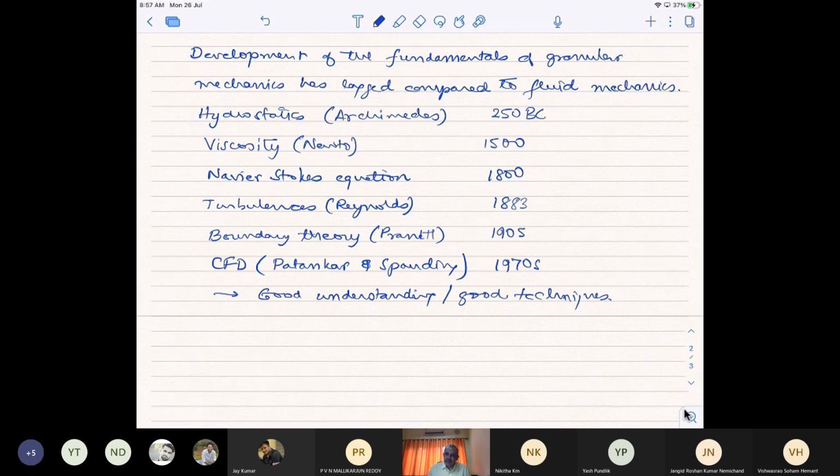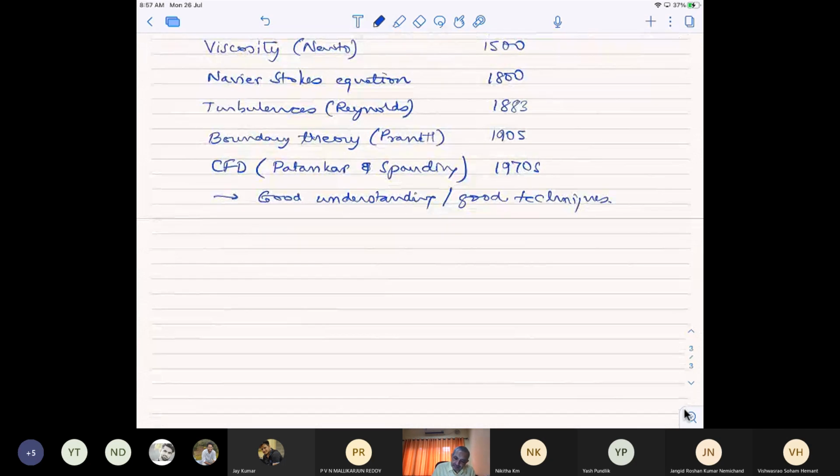And one of the reasons is that it was easy to study because you could always look inside fluids. So if there's water flowing, you can just put in a few tracer particles and you can see what's going on.